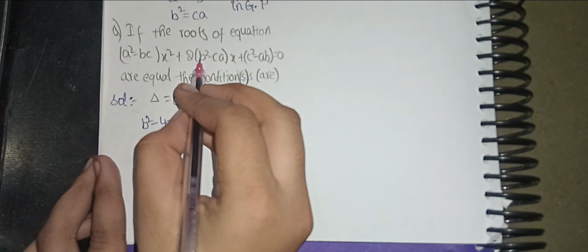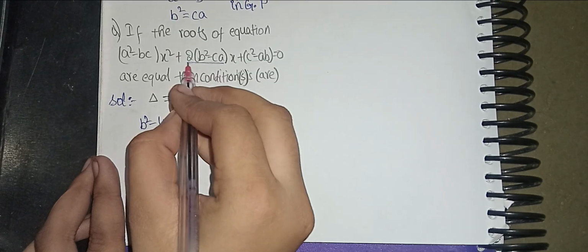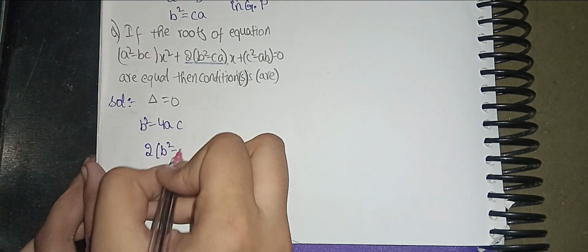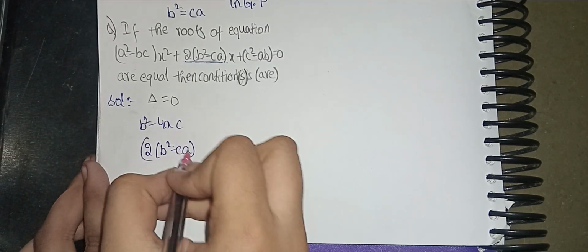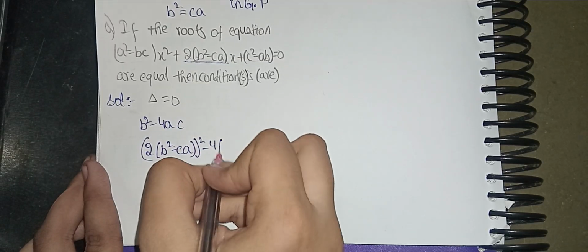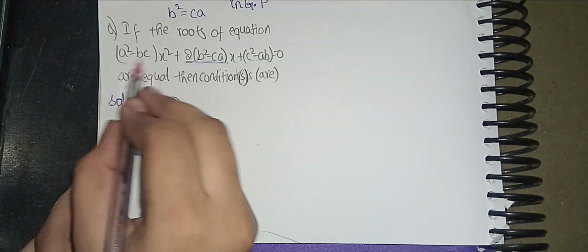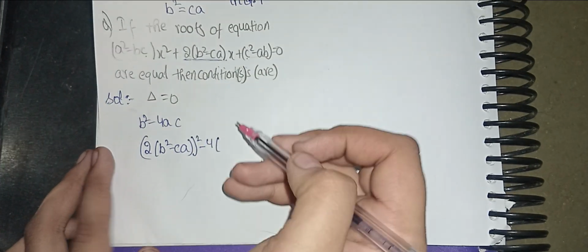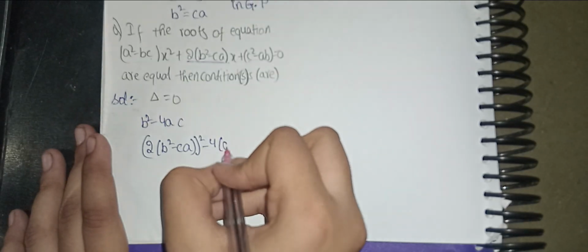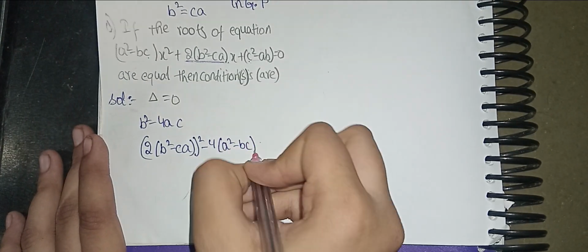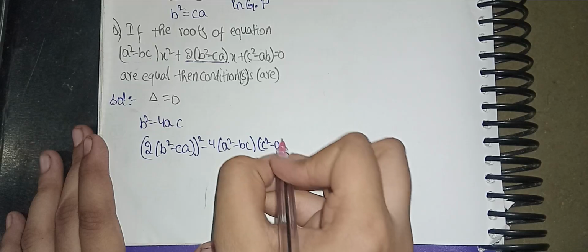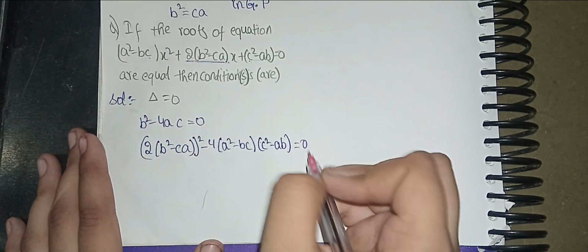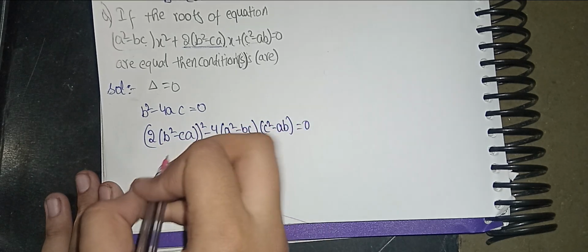What is b over here? This is b. Means 2b square minus ca whole square, minus 4 into what is a? a square minus bc is a. What is c? c square minus ab is c. It is a square minus bc, c square minus ab. It should be equal to 0. We have to square this.